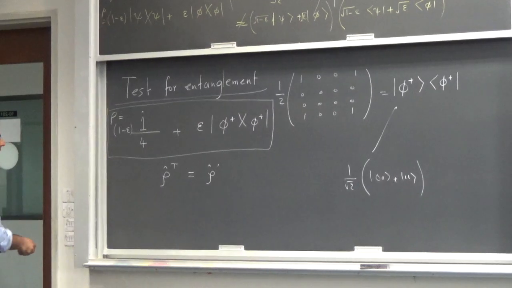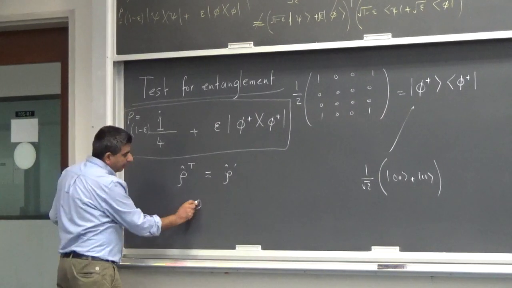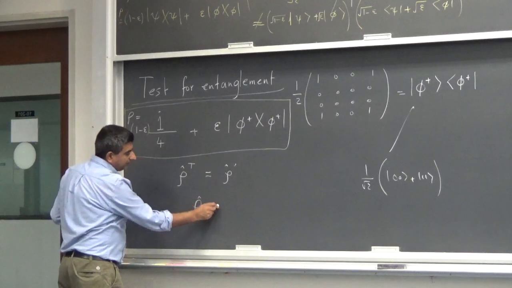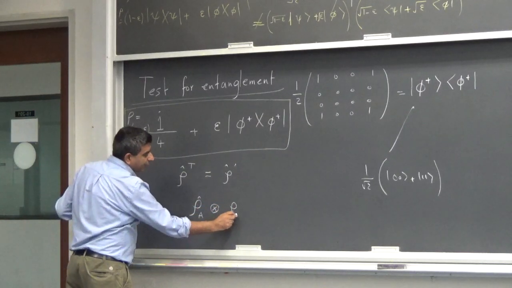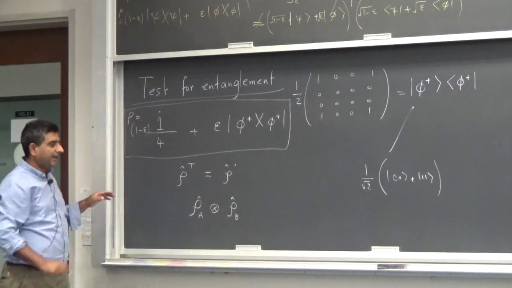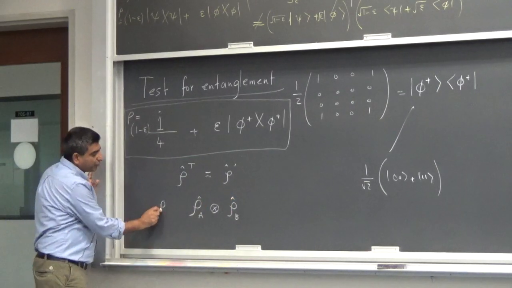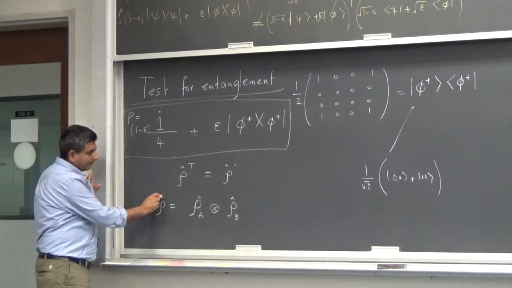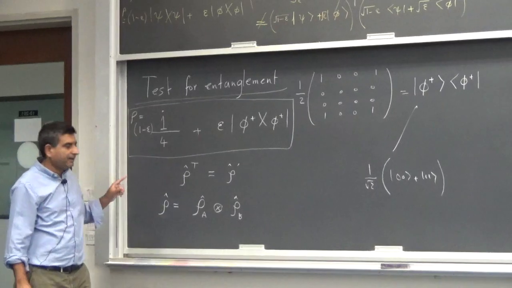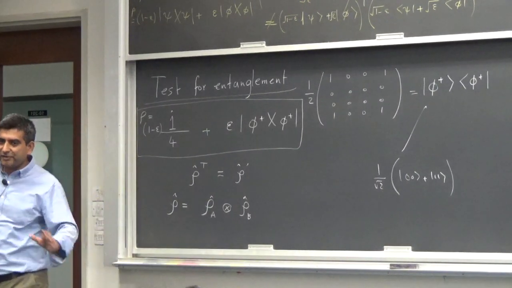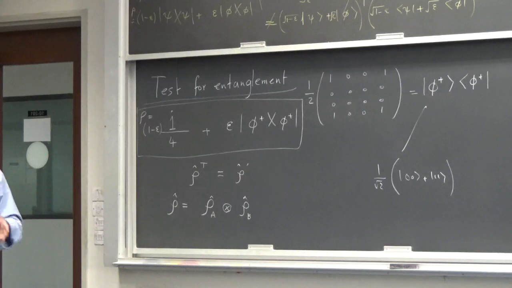Okay? So if I have rho A, the density operator on the first qubit, tensored with rho B, the density operator on the second qubit, if my total density operator looked like this, which means that rho is separable, which means that the first qubit and the second qubit have identities of their own.